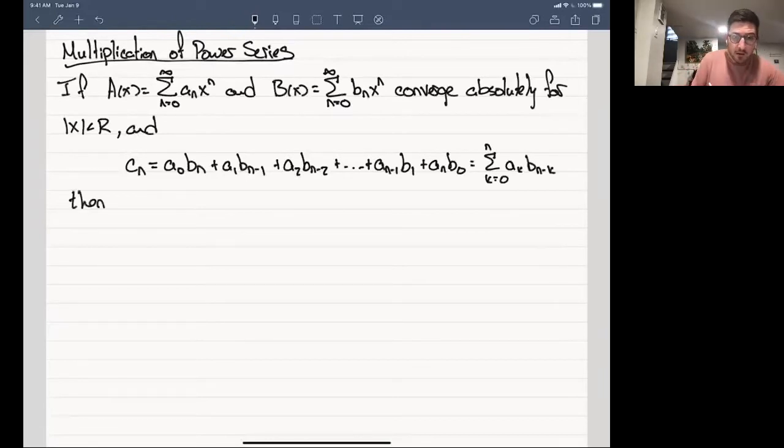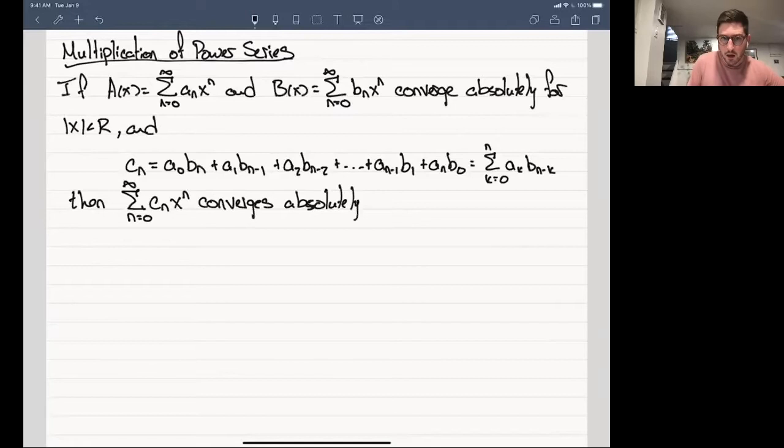Then this new function that you create, the sum from n equals 0 to infinity of c_n x to the n, converges absolutely to A(x) times B(x) for |x| less than R. And really what this says is that if you multiply these two power series together, you get another power series.